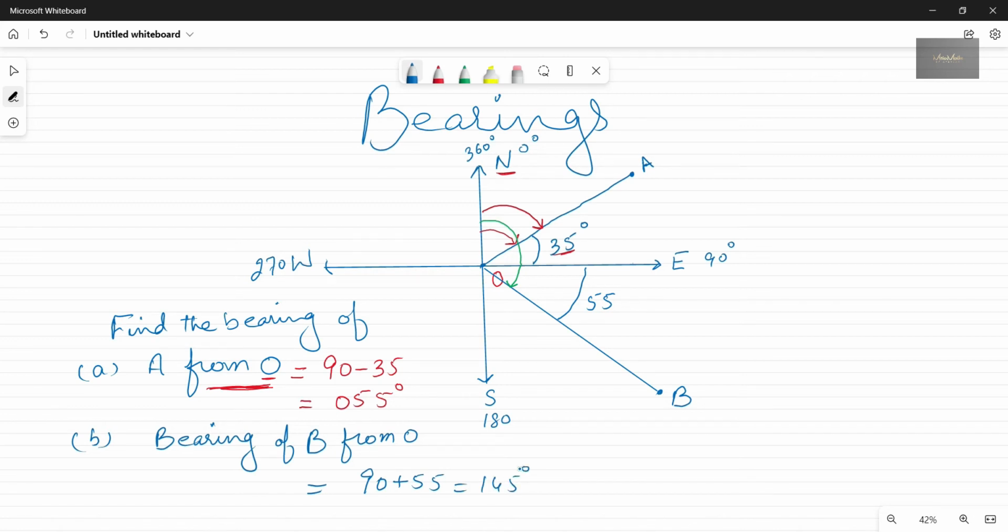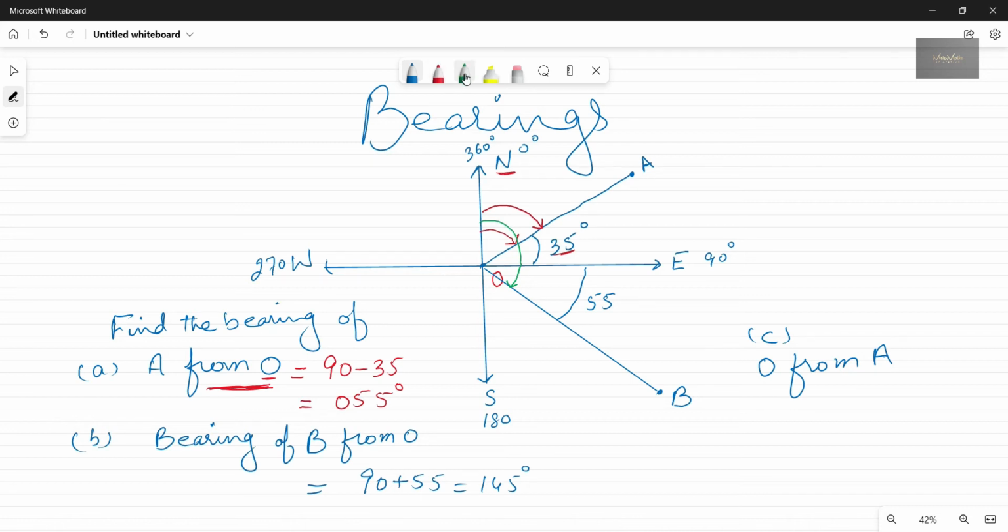Right? Sometimes in a question they give you a reverse bearing, like find the bearing of part C, I am taking it as O from B or O from A. Let's take this example: O from A. It means that somebody is standing at A and wants to go in the direction of O. Then what turn should he take?